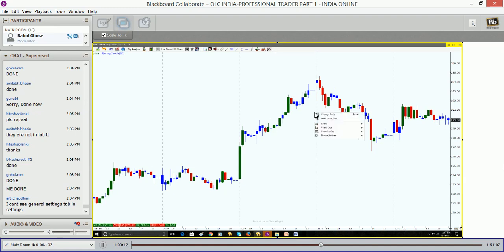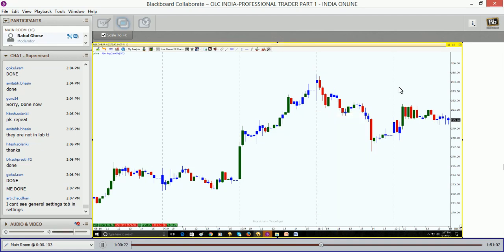No, Aarti, you have to right click, go to settings. Aarti, right click and settings, Aarti. That third zone you've not marked correctly, my friend.